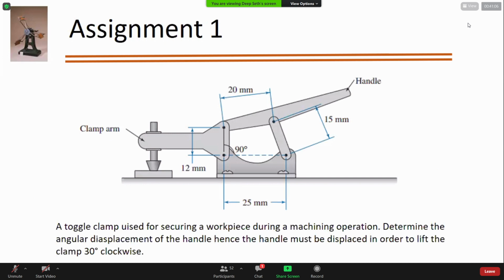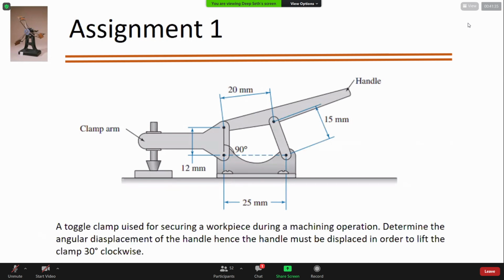Now let's see one assignment or example, which we'll do in the class. Here you are seeing an example of a toggle clamp. This toggle clamp is used for securing a workpiece during a machining operation. Let's say you are doing some machining operation on a planing machine, shaping machine, or milling machine.